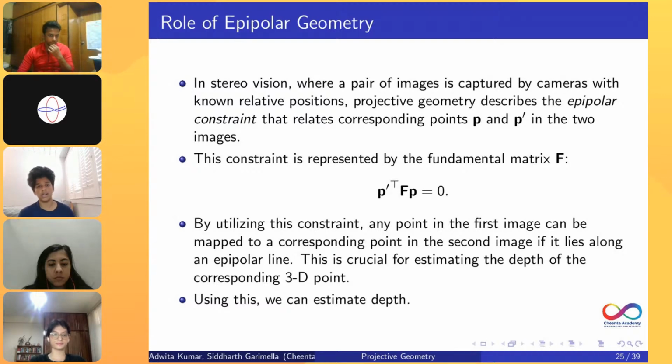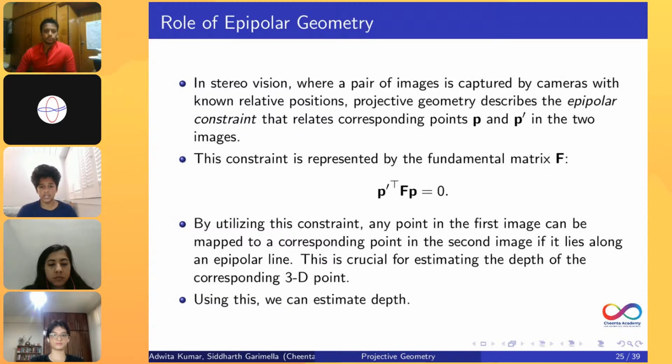Here's the role of epipolar geometry. In stereo vision, where a pair of images is captured by cameras with known relative positions, projective geometry describes the epipolar constraint that relates the points P and P dash of the two images. The constraint is represented by the fundamental matrix F, as shown below.